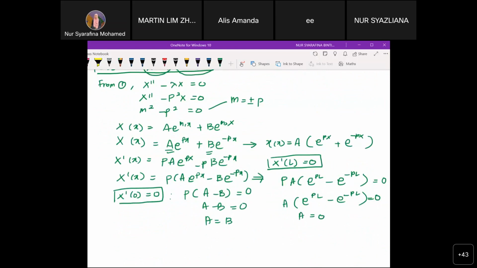Once you know that A equals to 0, then the solution of x from here is 0.